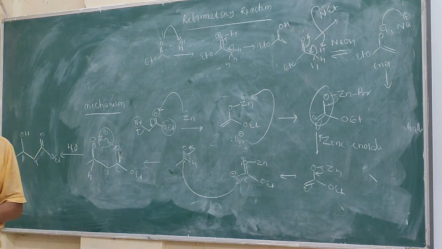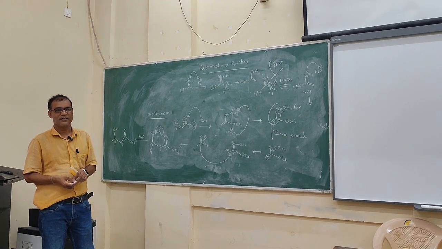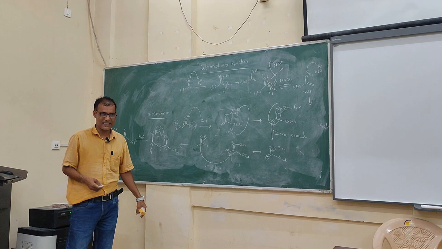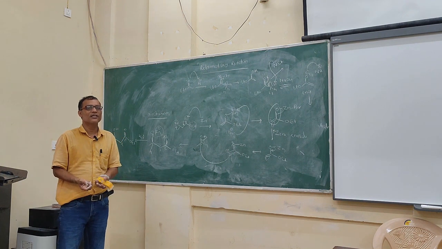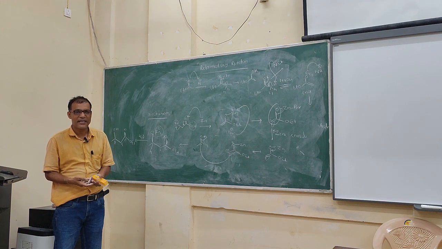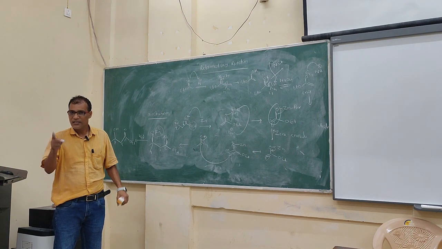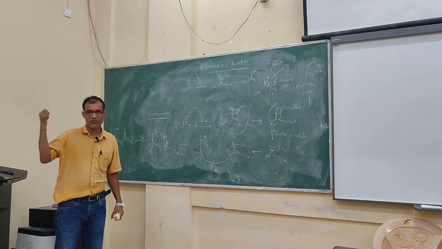I told you in the starting. That means alpha bromo ester can react with ketone or aldehyde to form beta hydroxy ester. This is like the aldol reaction. Beta hydroxy carbonyl is obtained in the aldol, remember? I'll tell you when I go for the next.